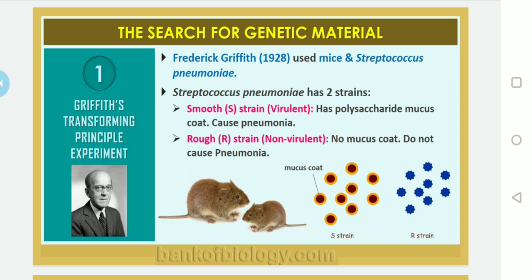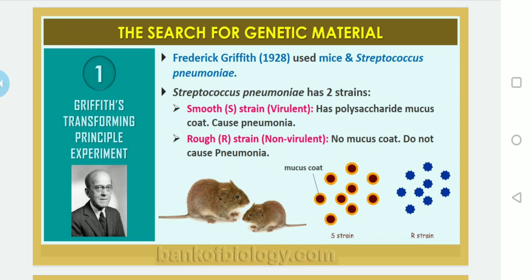What is transformation? Here the question arises. Transformation is a kind of sexual reproduction in bacteria where the genetic material of donor bacteria is transferred into recipient bacteria without physical contact.